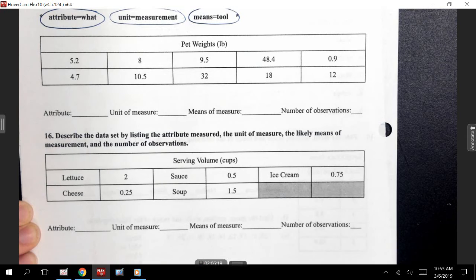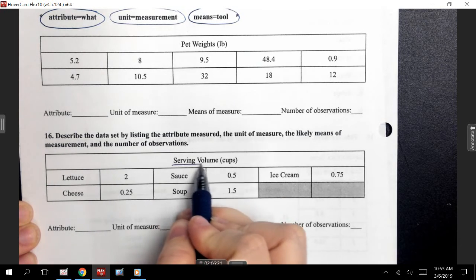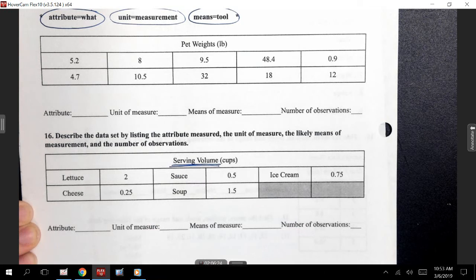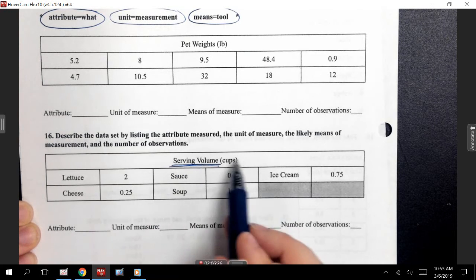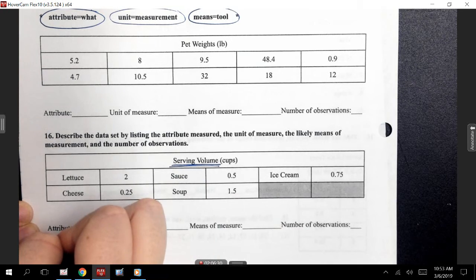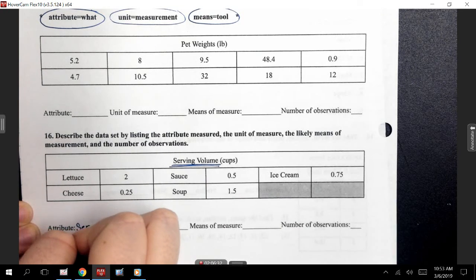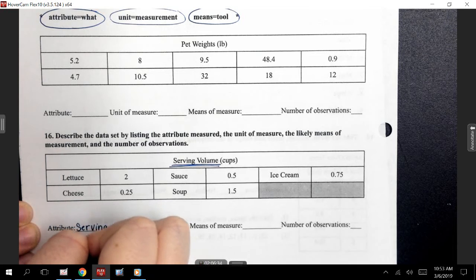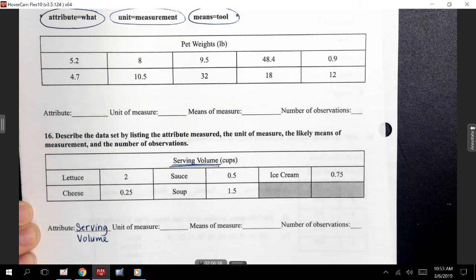Hunter? The serving volume. Guys, that title, doesn't that tell me what it's talking about? We're measuring with cups, but it's talking about the serving volume. What that means is how much food do you get? Serving volume. Are we okay with that?